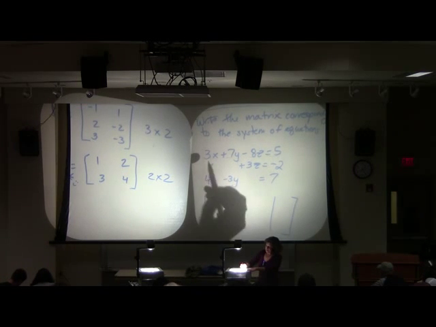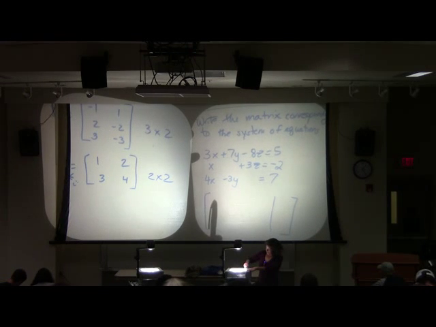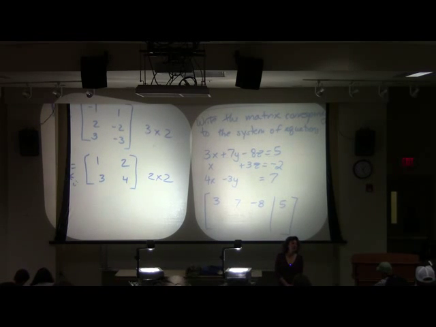Okay? Now, what you do is you put the coefficients in order. You want x's, then y's, then z's, and then what they're equal to. So will you guys grant me that my first row is 3, 7, negative 8, and then 5? Do you see how I got that? The numbers in front. Don't forget negatives. They're crucial. All right. What's the coefficient of my x in my second row? 1.